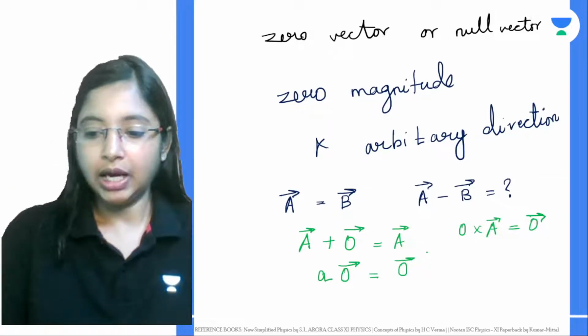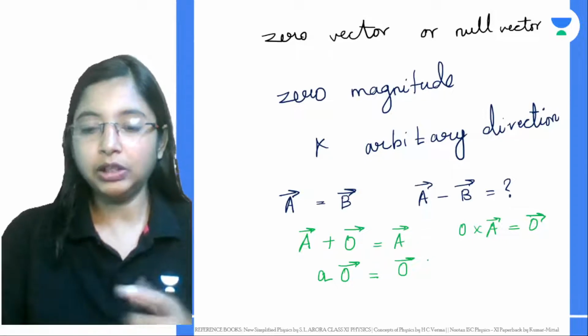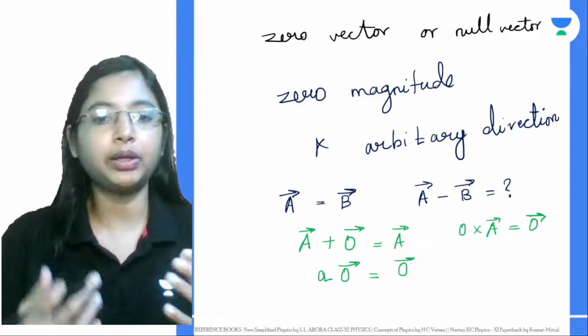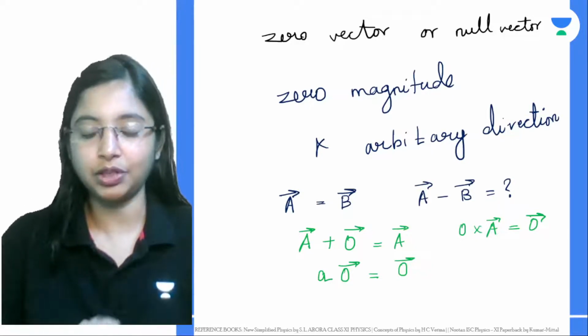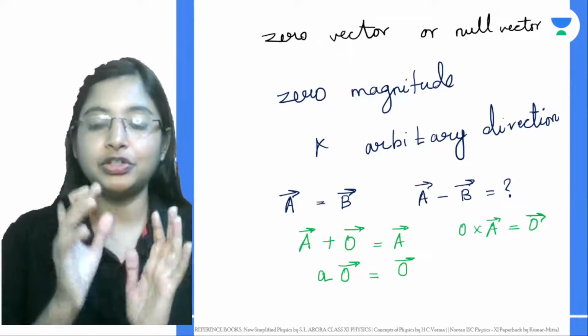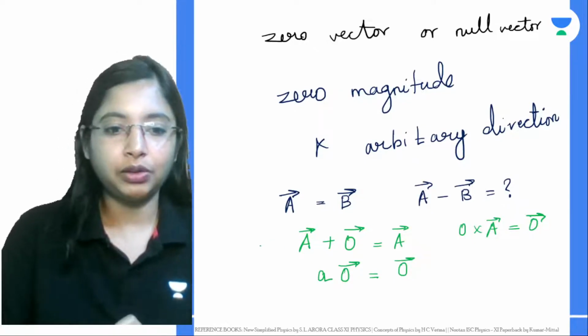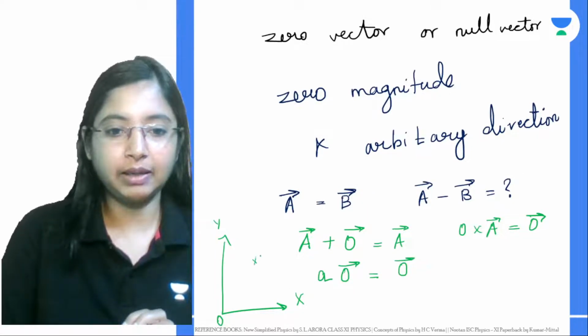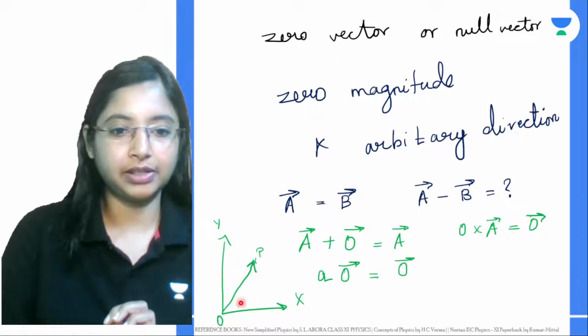Now, what are the examples of a zero vector? We have introduced what a zero vector is, and we have seen the properties associated with it. Whenever you're talking about a position vector, let's say on an xy plane, this is the initial place, and let's say some object is lying at the point P. From here to here you draw a line and say this is a position vector.